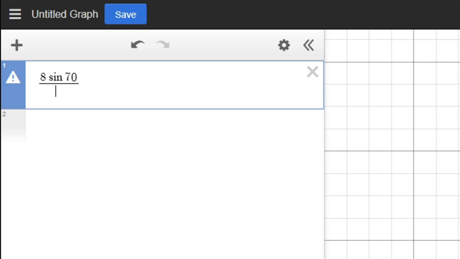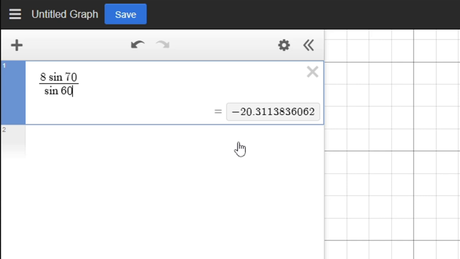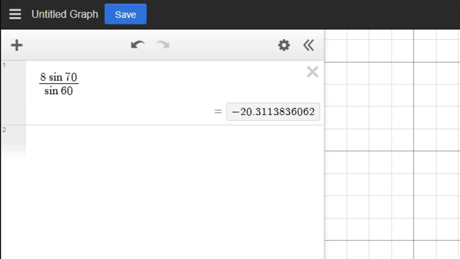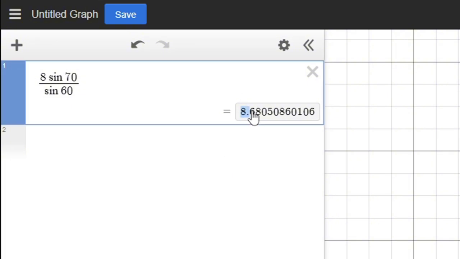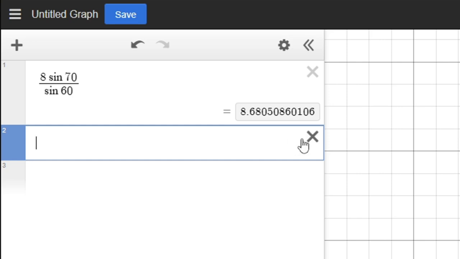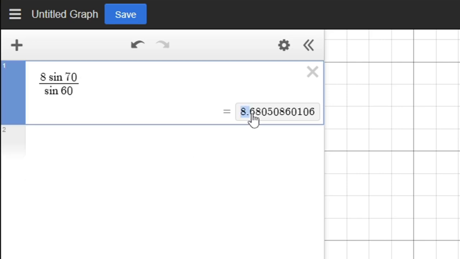So put sine 60. And this is not correct because what I didn't do is go here and put it in degree mode. So this will be our real answer, 8.68. Now when you first start to do this, you're going to want all 4. But later in the problem, you don't need all 4 since it's not as accurate if you don't put this full thing. So this is our answer.